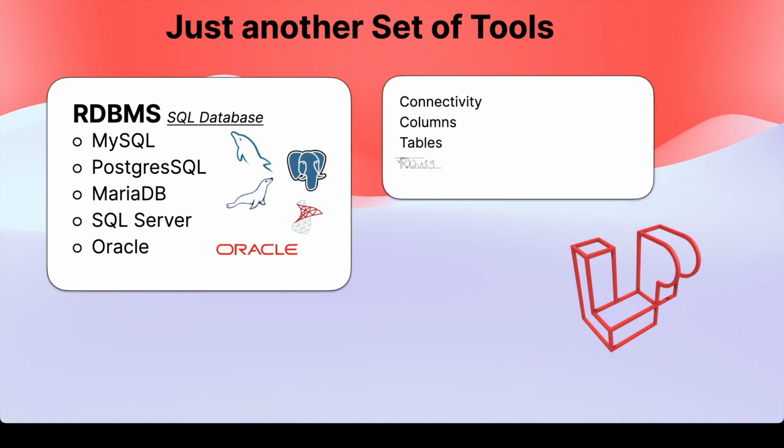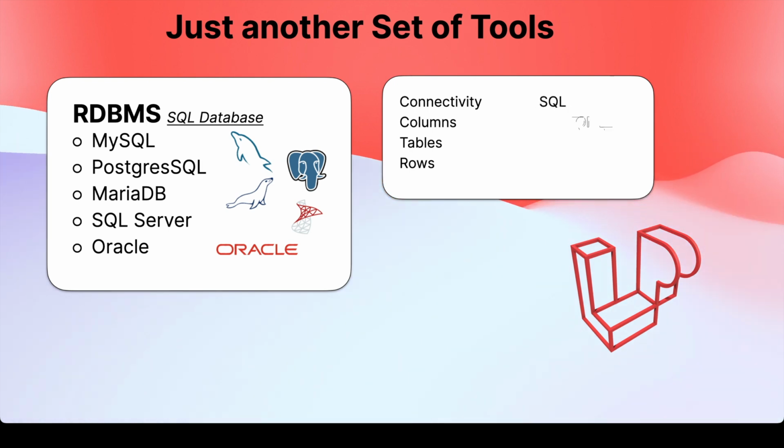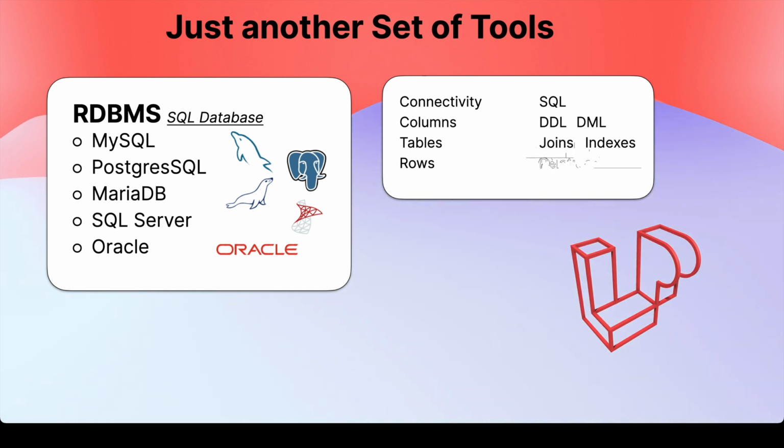Then you learned about tables, columns, rows. And then from there you learned the SQL language. And you need to learn the data definition and data manipulation language. So that's how to build tables and how to actually manipulate the data in the tables. Then you got into indices, joins, relationships, and your knowledge of relational databases went on from there the more you used it.